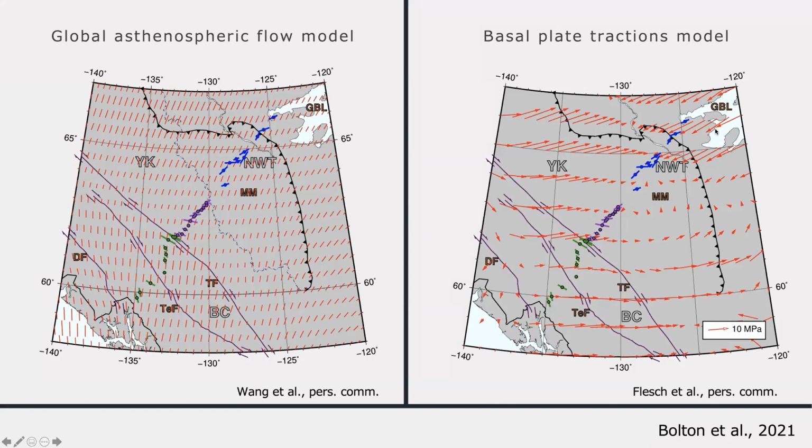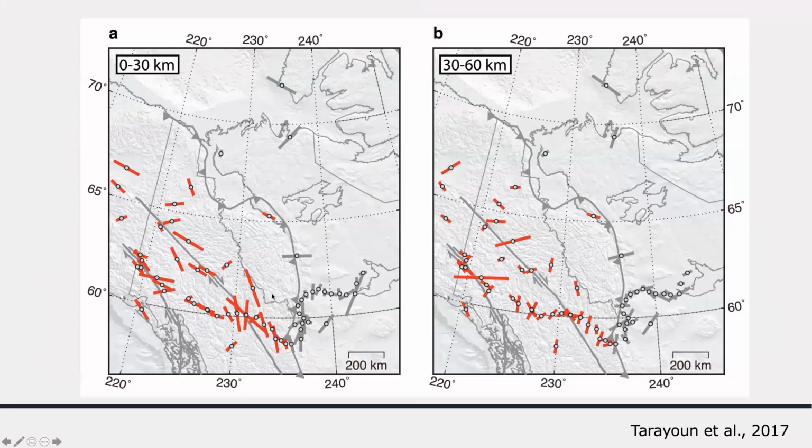And what we see is, again, the convergence of plate tractions under the Mackenzie Mountains. But what we don't see is an alignment of these red arrows with the shear wave splits. We do see an alignment of crustal anisotropy.